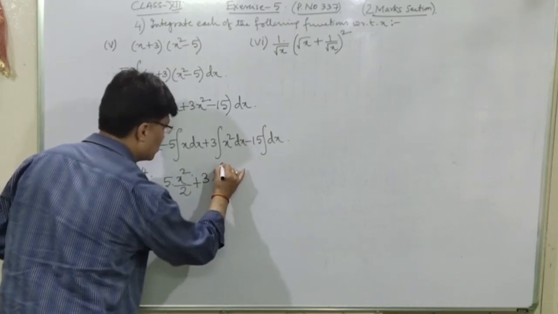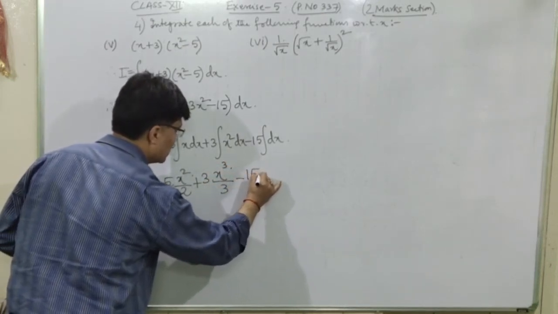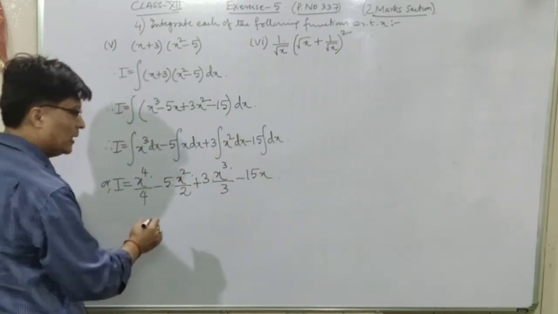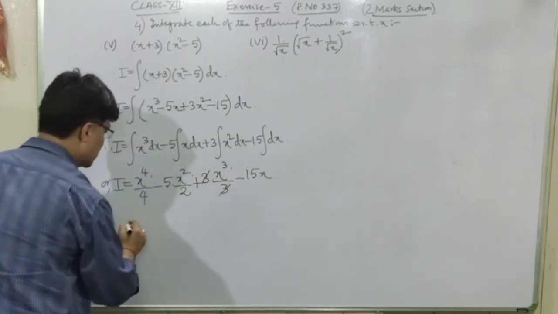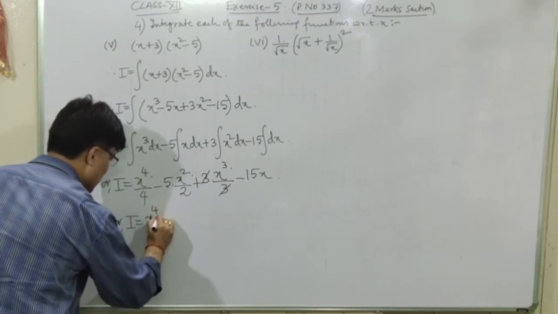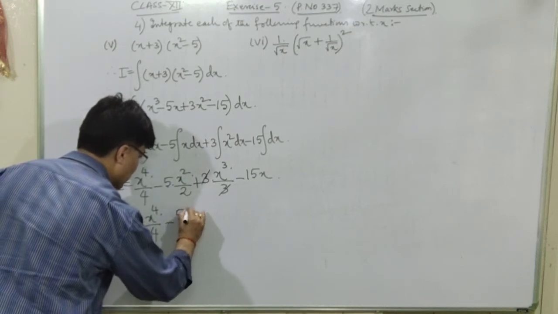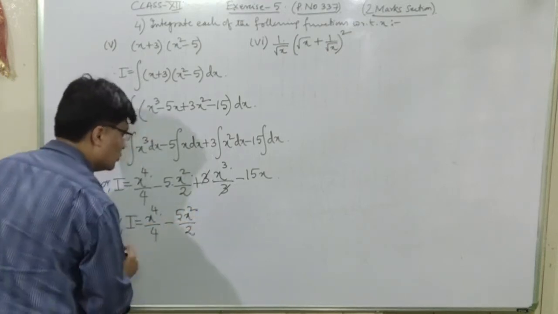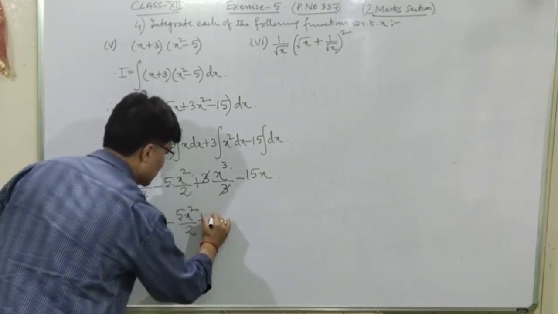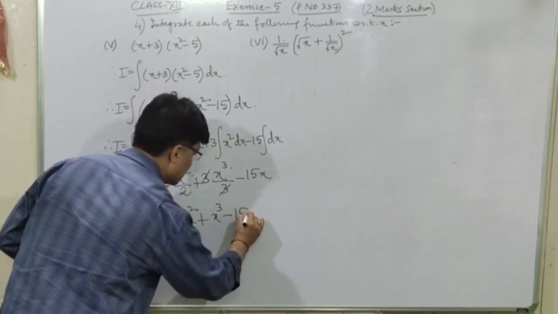It is x to the power 2 plus 1, that is 3, divided by 3, minus 15x. Okay, so here 3 gets cancelled. So I is equal to x to the power 4 by 4 minus 5x square by 2 plus x cube minus 15x.